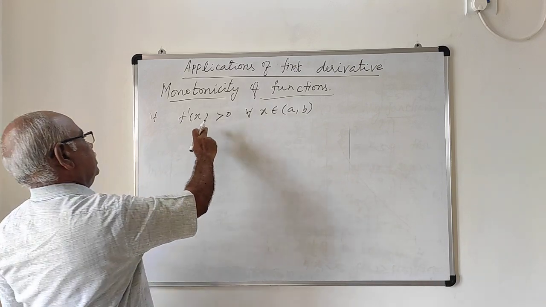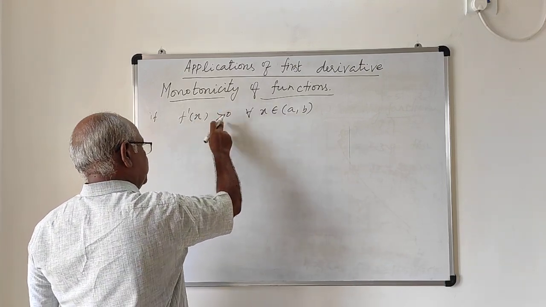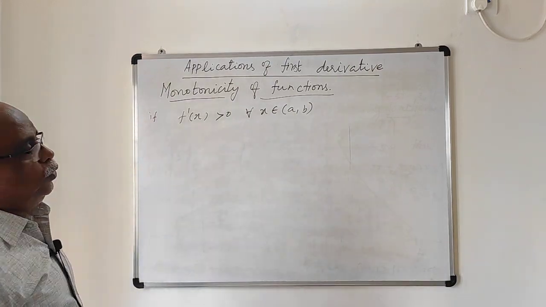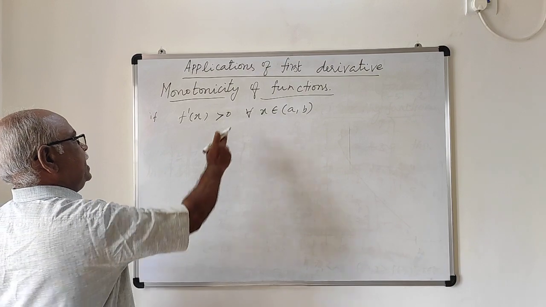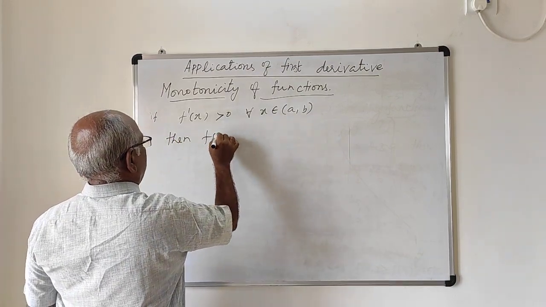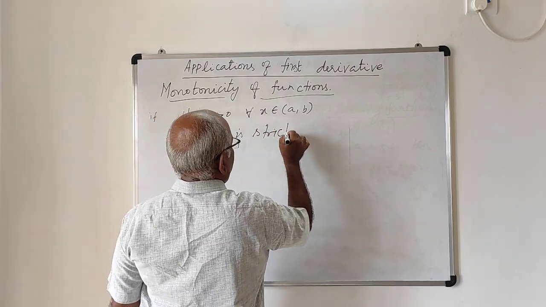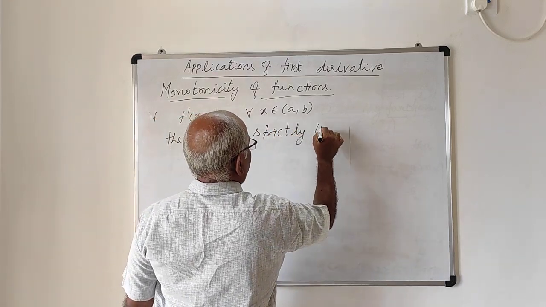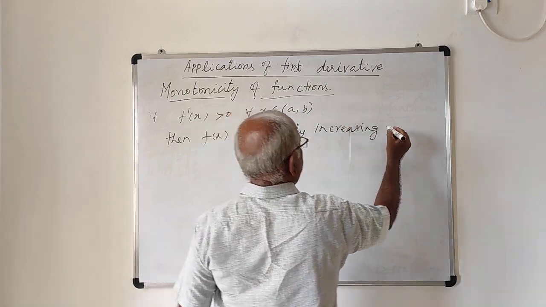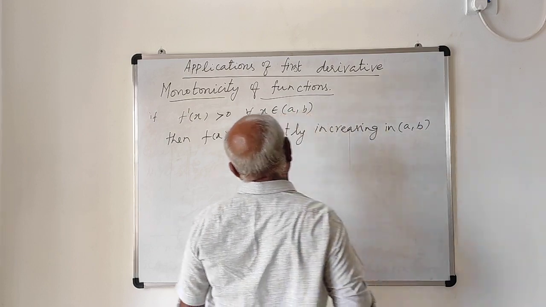Instead of greater than or equal to 0, you can just write f dash of x is greater than 0 for any x in the interval a comma b, then f of x is strictly increasing in the interval a comma b.